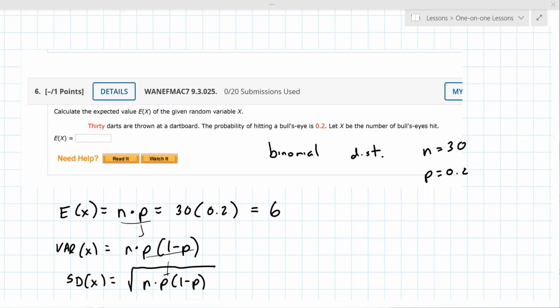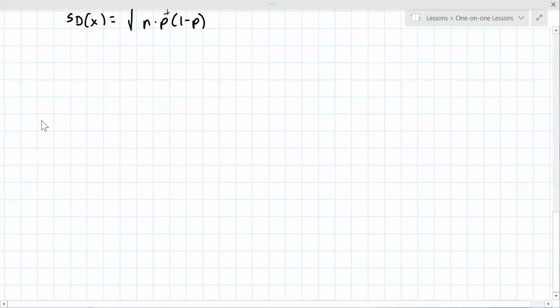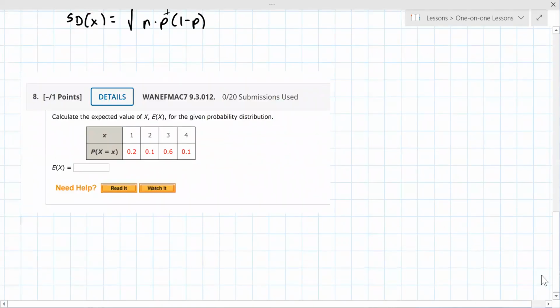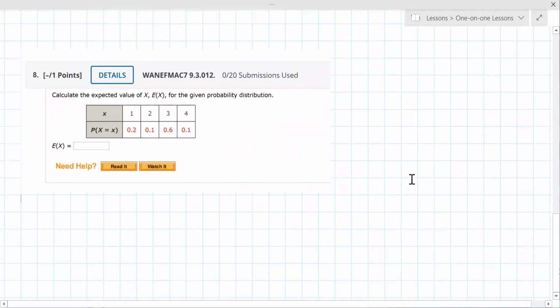7 is like 5. We'll go to 8. Calculate the expected value for the given probability distribution. So again, it's x times p of x.